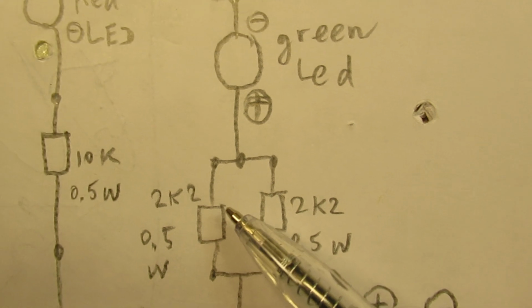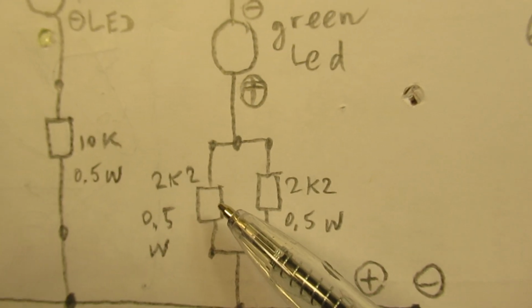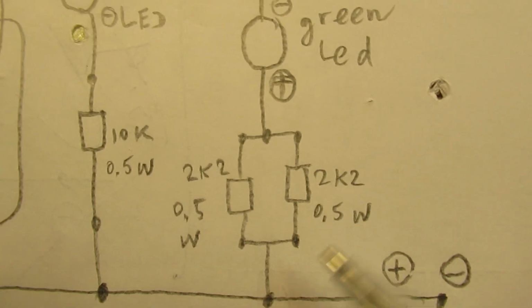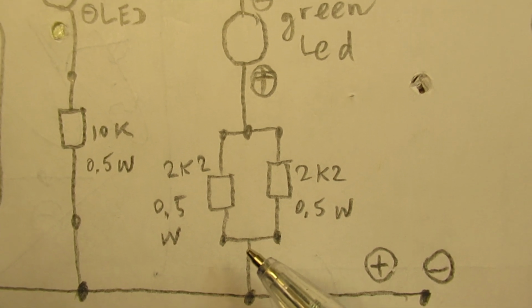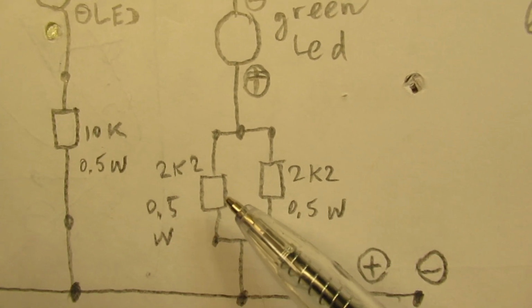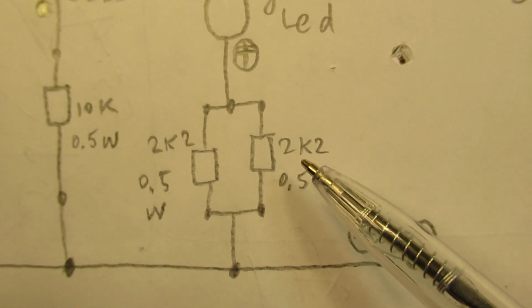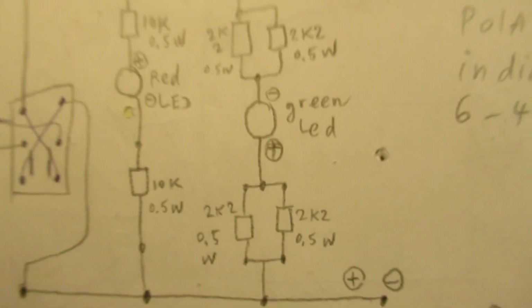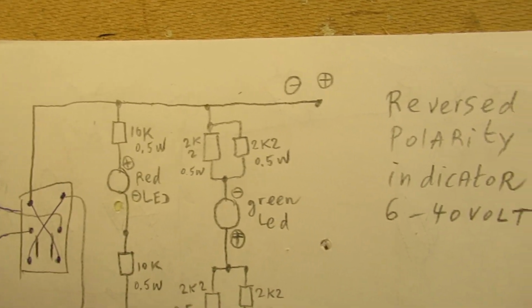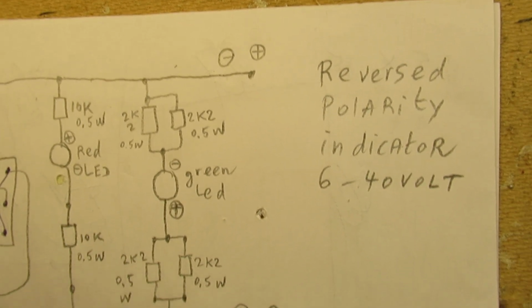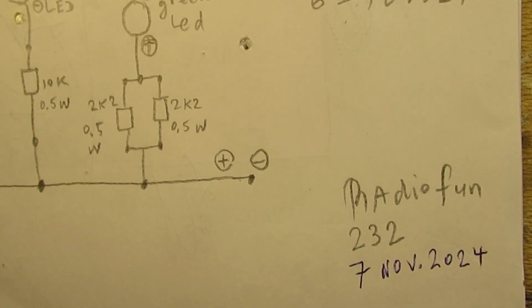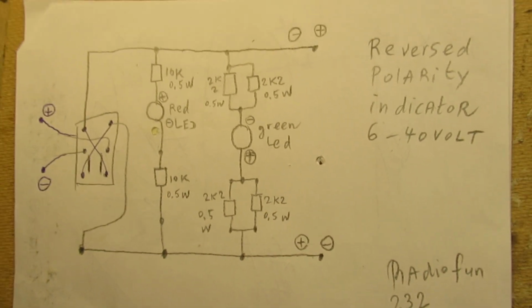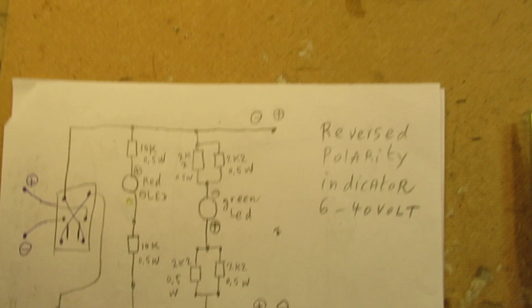They form a resistor in the order of 1 kilo ohm, and I found I had to use two of them bridged to solve the problem of heat. And that has everything to do with the way that I need to make this circuit.